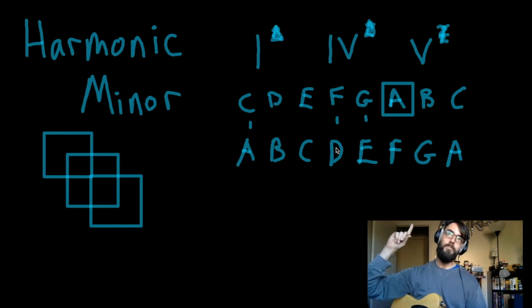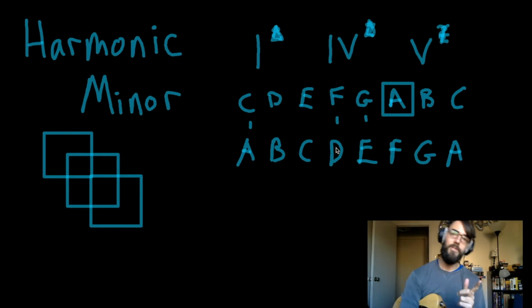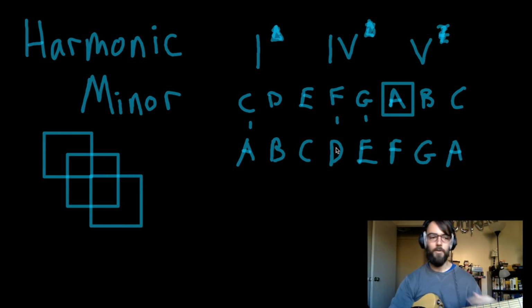So, at some point, I admit I don't know the history of how this exactly came about, but at some point somebody was like, well, I want to write a chord progression in a minor key, but I don't want to lose that nice sense of tension that the 5 chord from the major scale gives us, that dominant chord. So what if we just kind of arbitrarily, following no rules at all, artificially make the 5 chord a dominant.